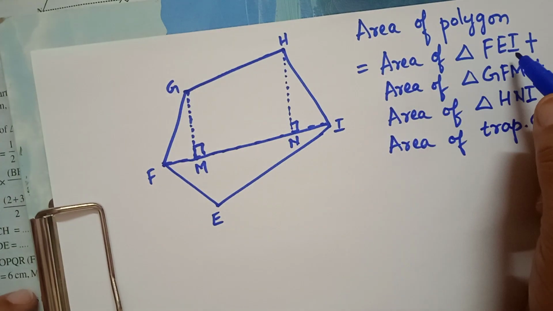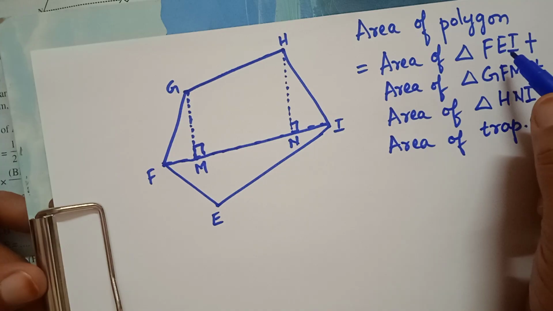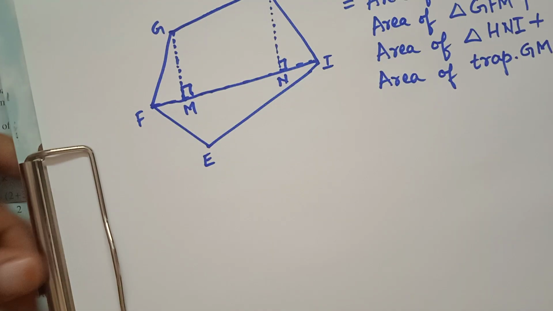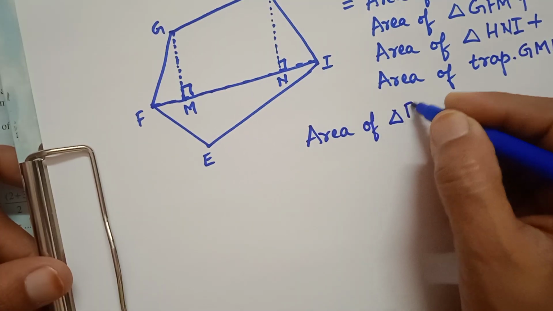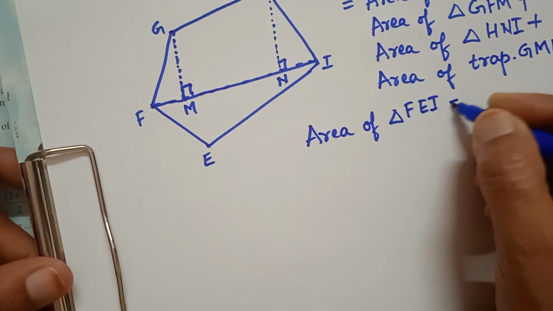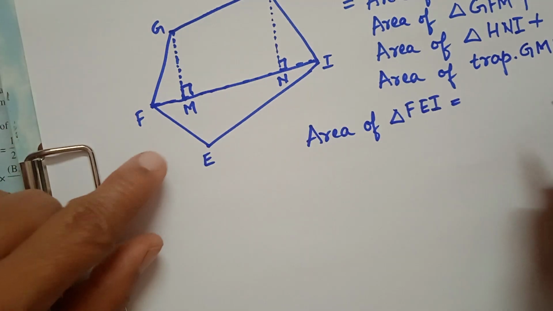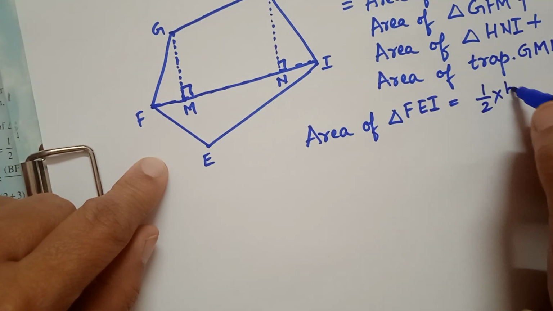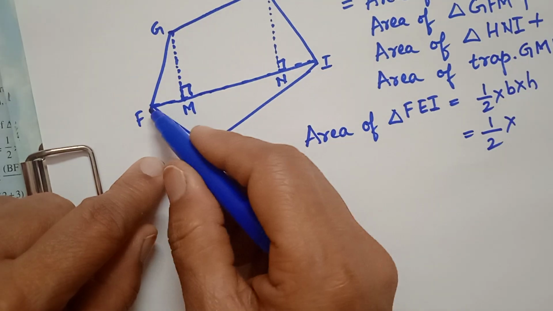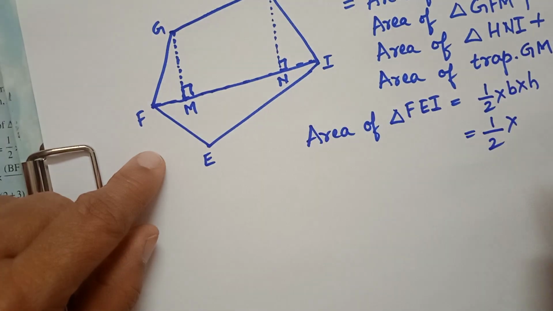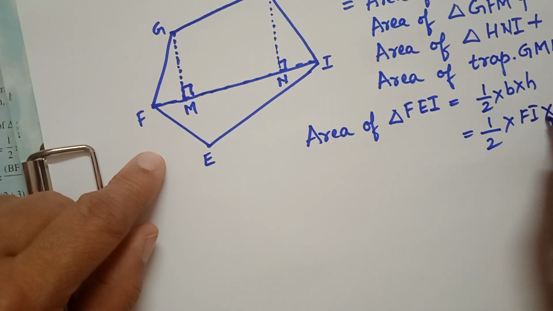So what is the area of triangle FEI? Area of triangle FEI is half into base into height. That is half into, what is the base? FI, into height.